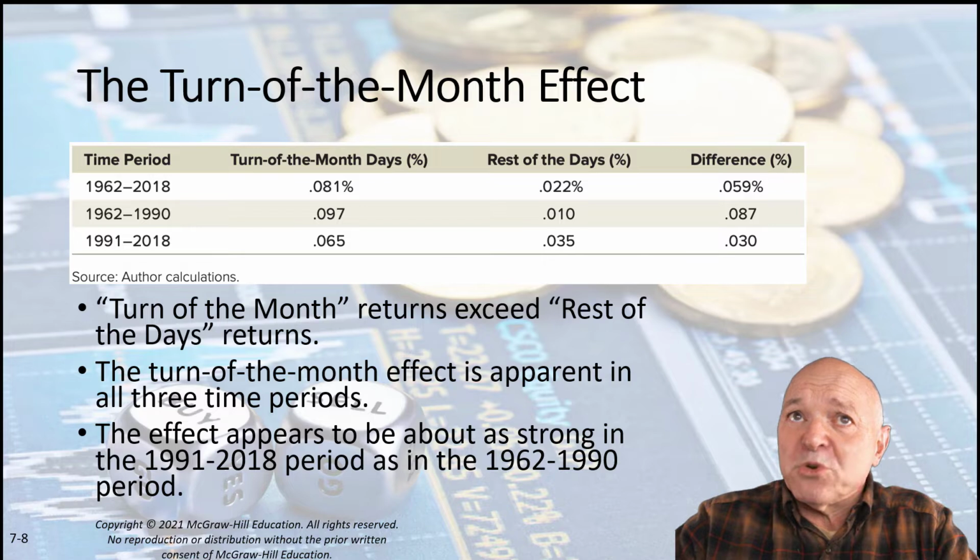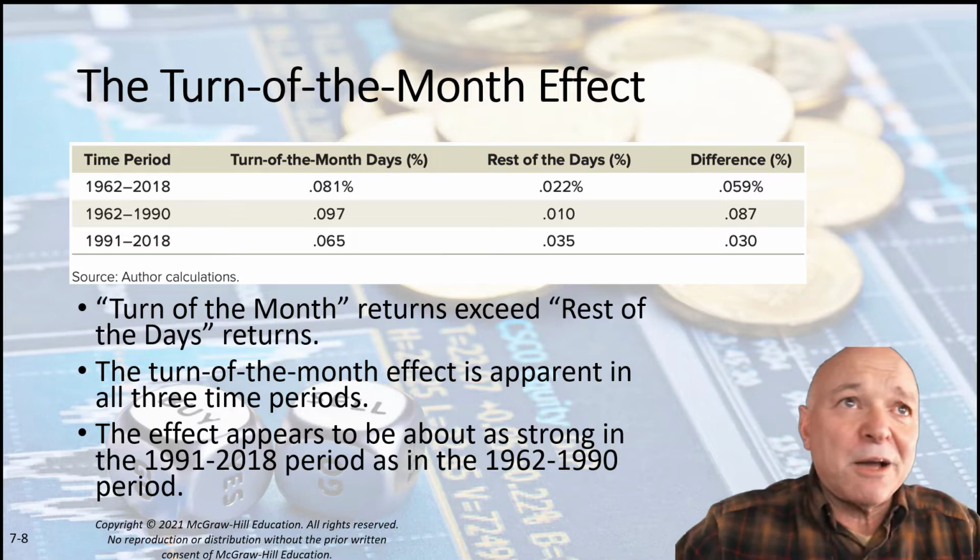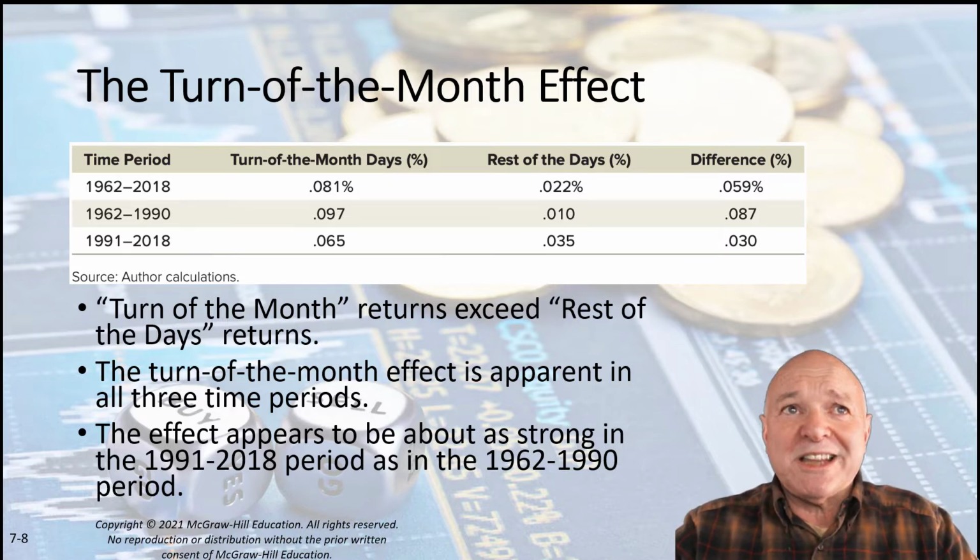But that was again most significant in the first part of the sample, 1962 to 1990, with a difference of about 8 or 9%, versus the last couple of decades where it was much less significant.